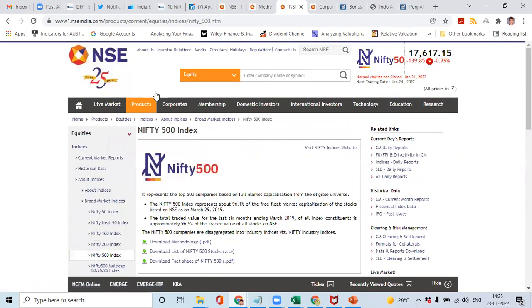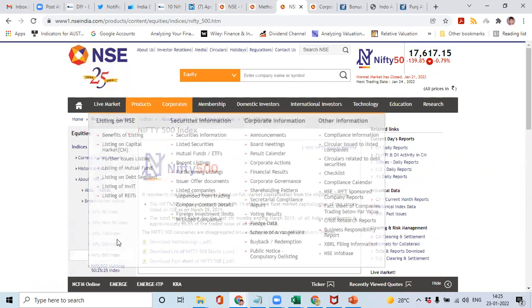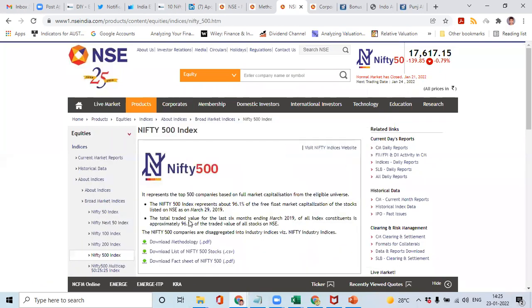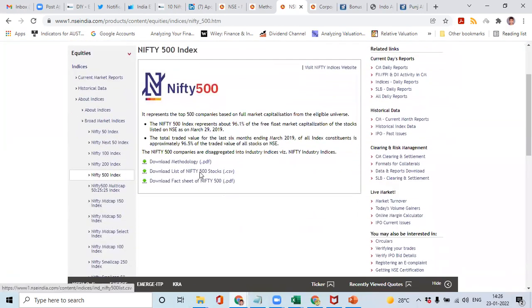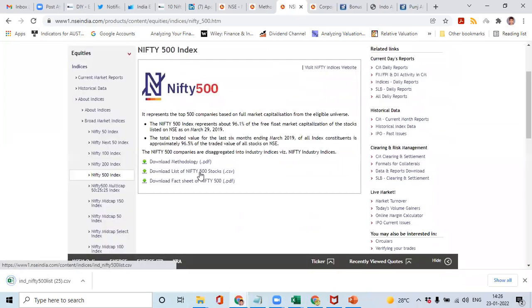Give me the list of stocks in Nifty 500 as of today. This is the list. We're assuming it has been updated as of today. If there is a mistake, yes, we are also making the same mistake. They update it fairly on time. Maybe one day here or there, you can't blame.